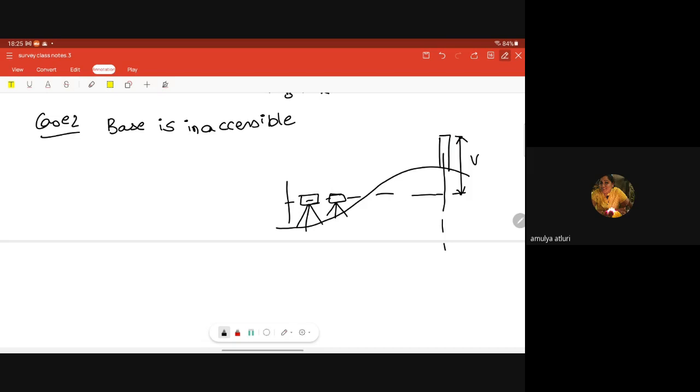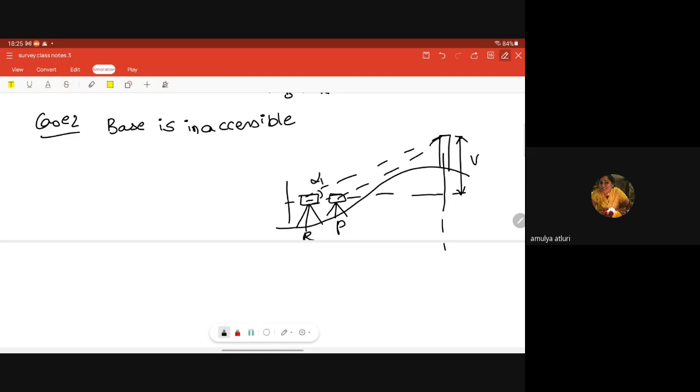Generally, we'll take two stations. In one position, we will look at the top position at different angles.